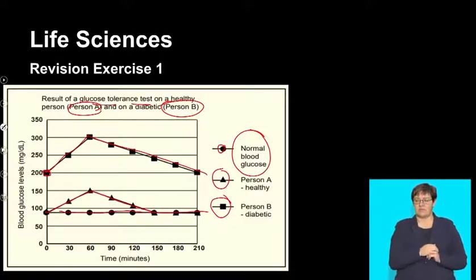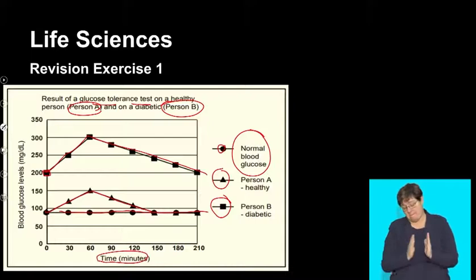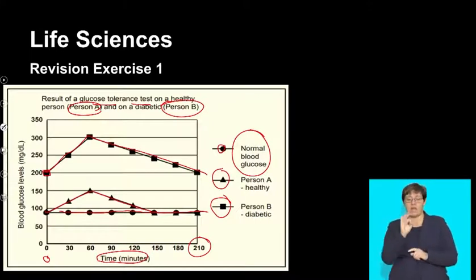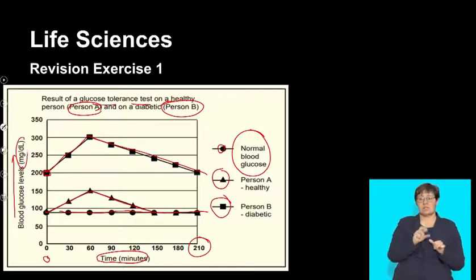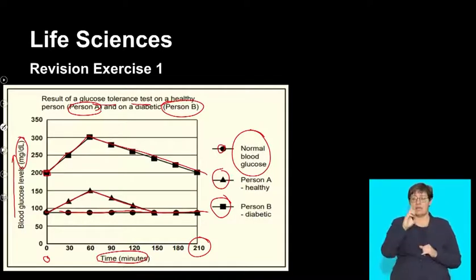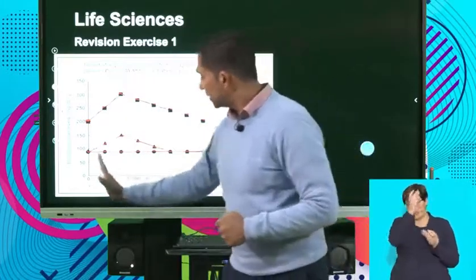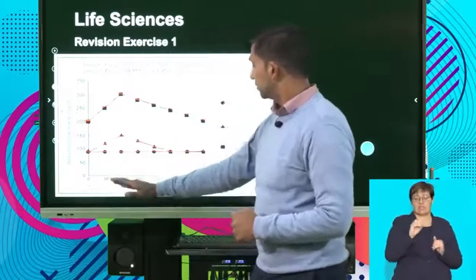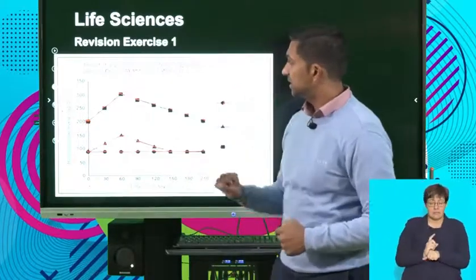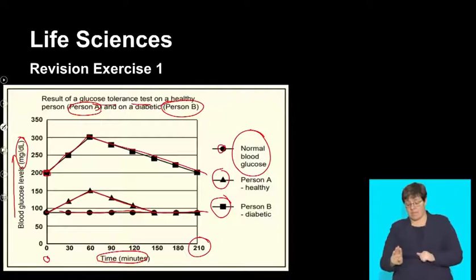This is measured over a period of time from minutes 0 to 210, and on the y-axis, the blood glucose levels are measured in milligrams per deciliter. That is the information that was collected regularly every 30 minutes over a period of time between persons A and B, and then compared to the normal blood glucose level, which we see as the baseline value.